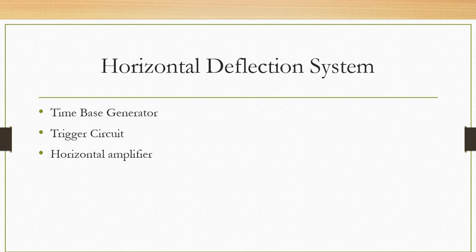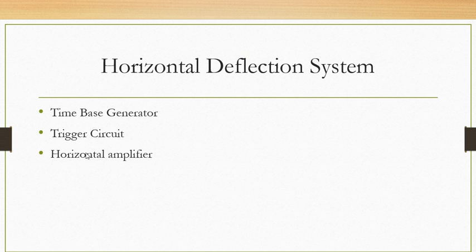We will see that afterwards. This time axis is represented as the x-axis on the screen, and the time divisions are used while calculating the frequency, which we will also see afterwards. One important thing is that this time base generator generates the sawtooth voltage, and we will see its use in upcoming slides. So this is all about the time base generator.